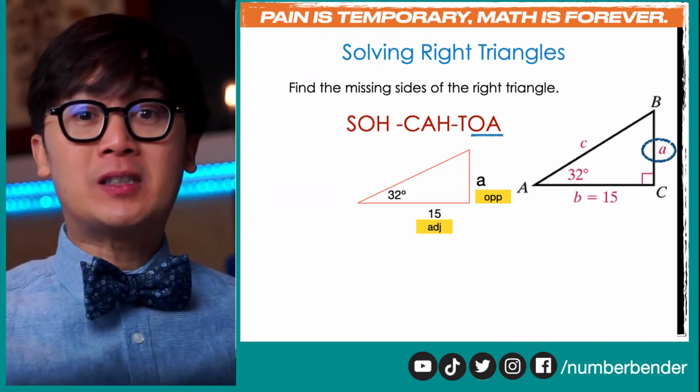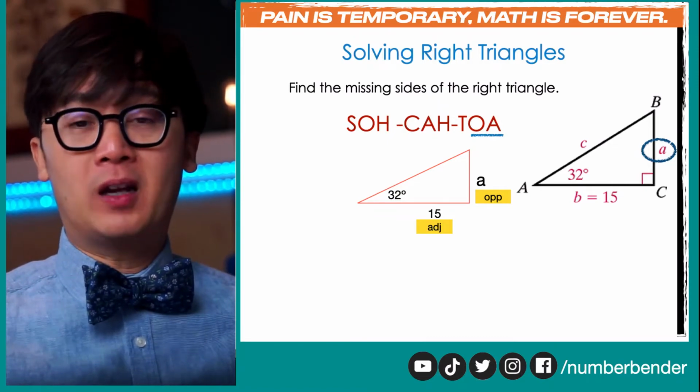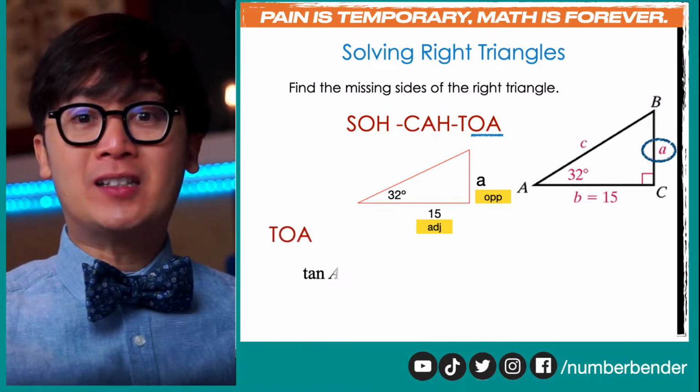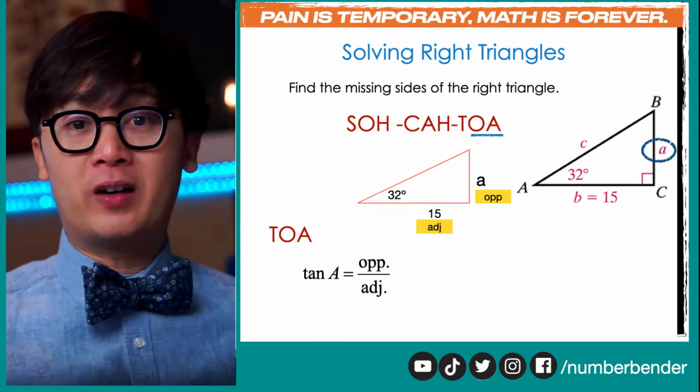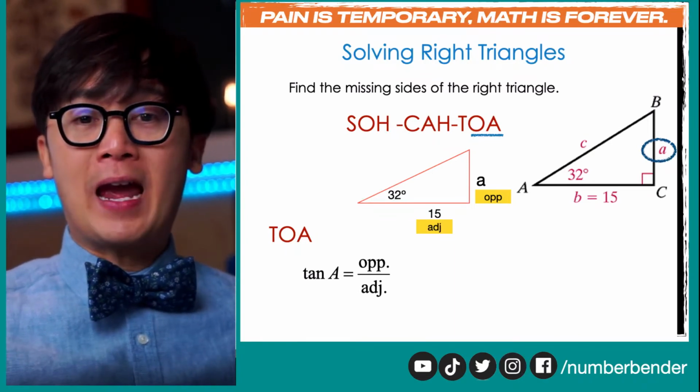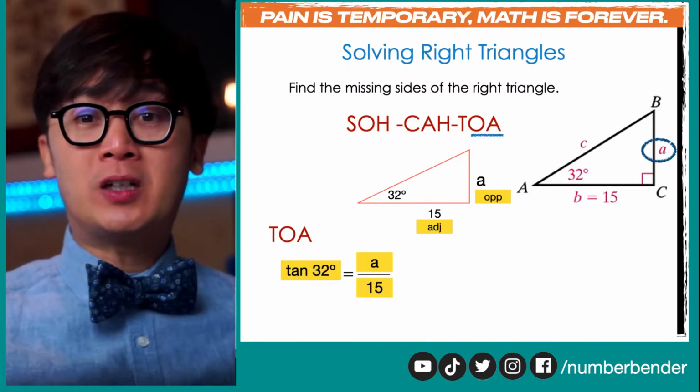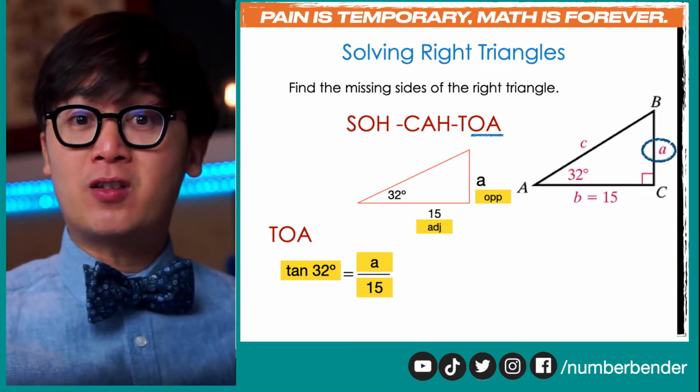We're going to be using tangent in our formula. So the formula is now tangent is equal to opposite over adjacent. And now that we have our reference angle, which is 32 degrees, we will replace the angle with 32 degrees.